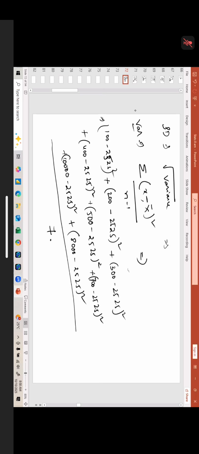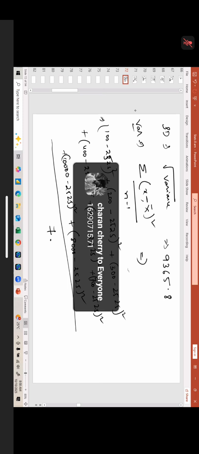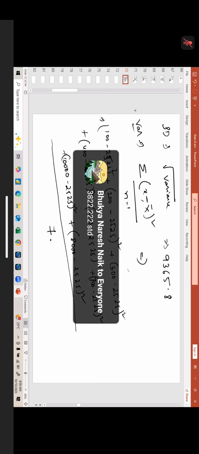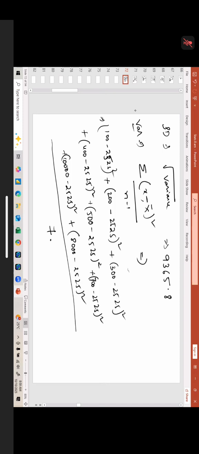Standard deviation 9365.8. 16290,715. Is this the variance value? No. What did you get? The variance value is minus?